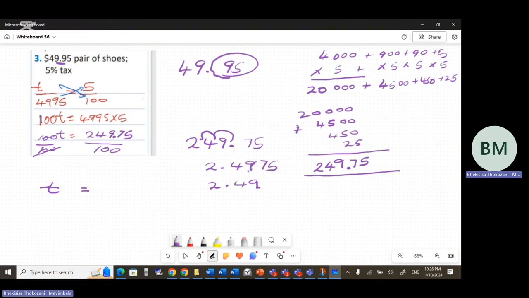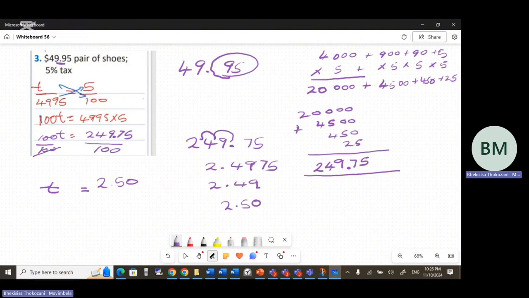So this is going to change, and it will be 2.50 because this number is more than 5. So it will change this 4 to be 5. So we have 2.50.